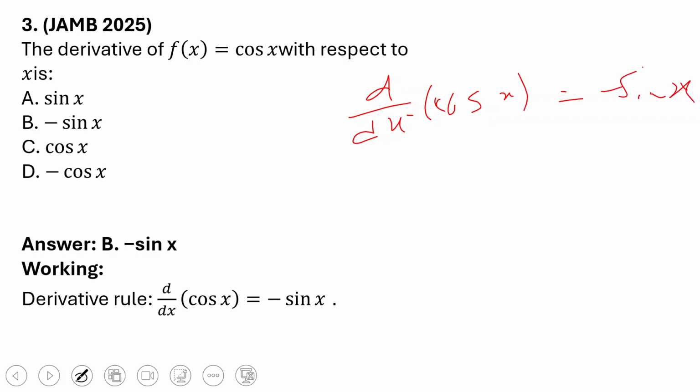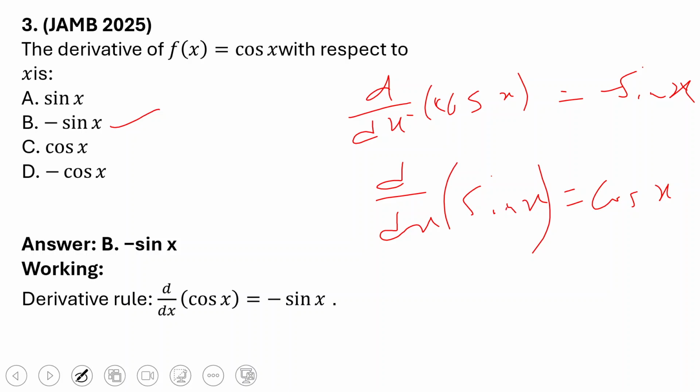So the answer is B. For others, the derivative of sine x is cos x. There are standard differentials for all of these. So the answer is B.